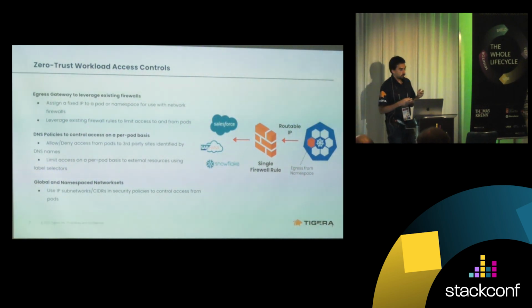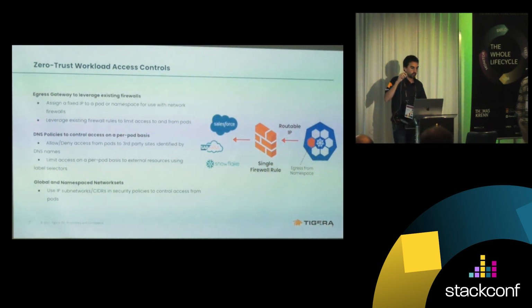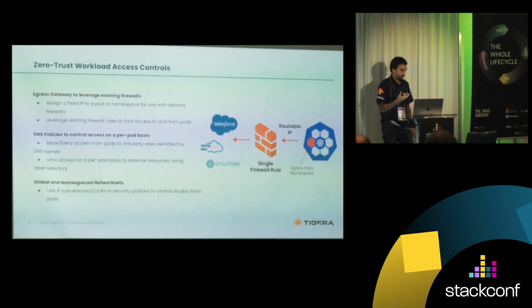So what we've done with the egress gateway is on the cluster you'll have pods that will have a fixed IP that will be known by the firewall. And your applications, so it could be a pod, a label, a namespace, will be forced to use the egress gateway to exit. So it means you can say application A, B, C will use egress gateway X.